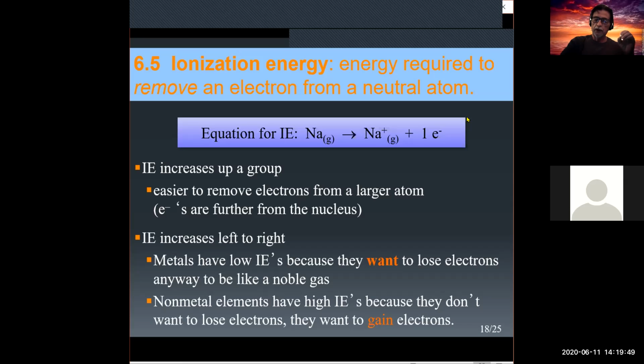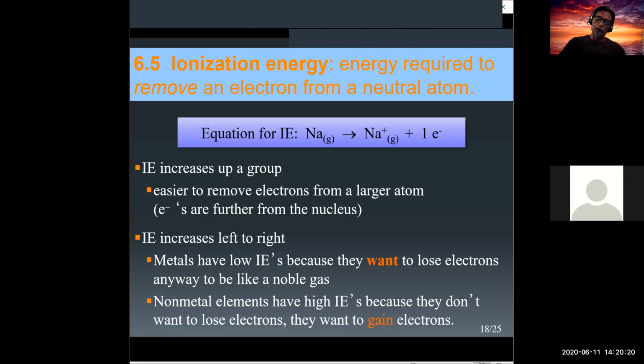And I also stated that all nonmetals want to gain electrons, because the nonmetals are very close to the noble gas. They only need 3, 2, or 1 more electron to fulfill the octet. And so for them, it's easier to gain the electron than it is to lose it. Whereas metals, just by default, would rather give them up.